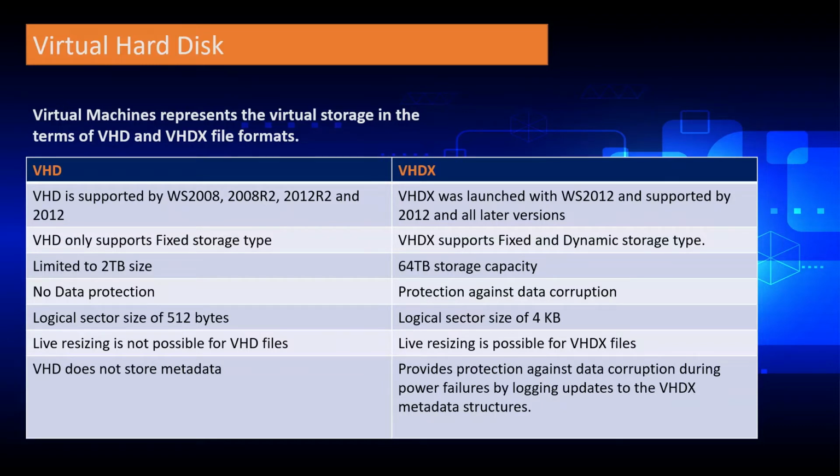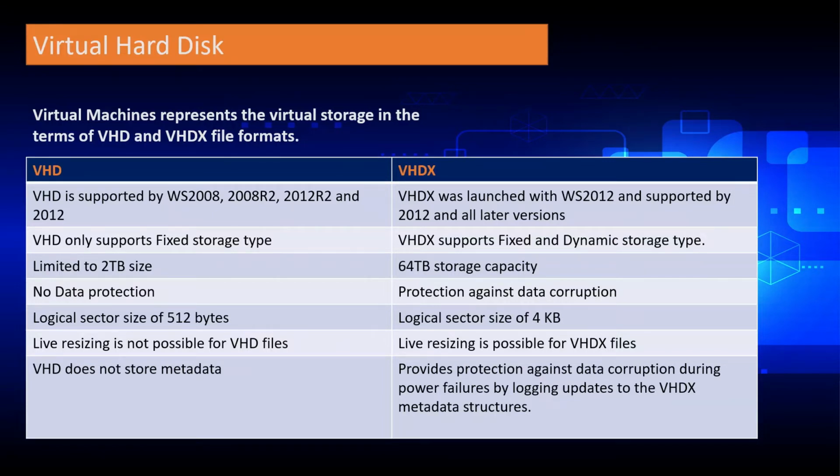Next difference is that the VHD format could only support 2 terabyte size of disks, whereas VHDX supports disks up to 64 terabyte. And there was no data protection available in VHD types of virtual hard disks, whereas VHDX provides protection from data corruption. And VHD has a logical sector size of 512 bytes, whereas VHDX has a logical sector size of 4 KB.